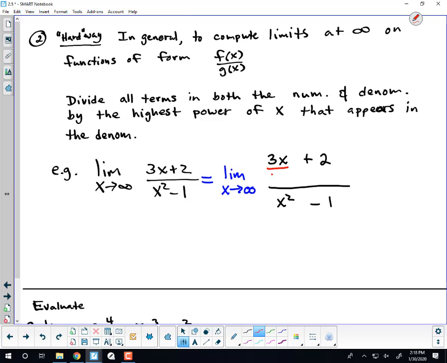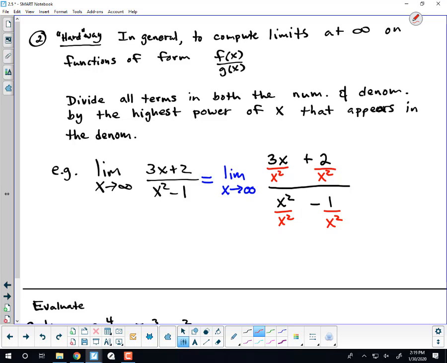So we're dividing everything by x squared. So we've divided everything by the highest power of x in the denominator.